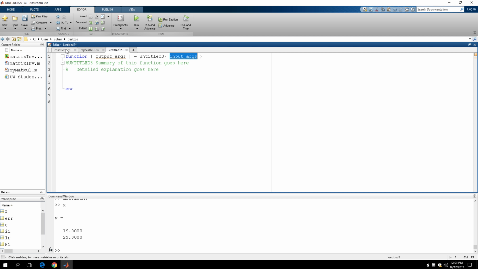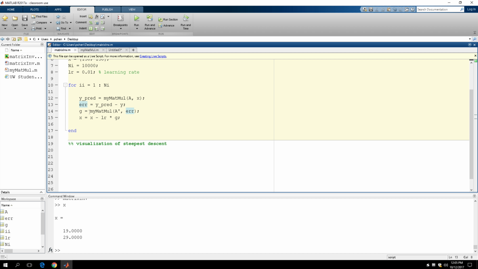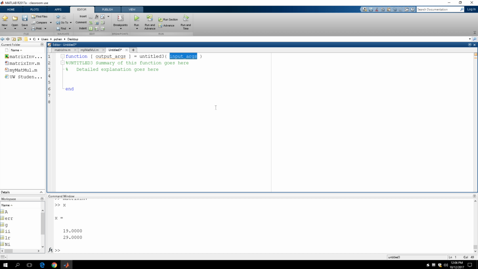We need the A matrix, we need the actual y, and the last thing we need is the assumed x values, that's basically the points on the two-dimensional plane. So we're going to need A, that's the matrix, the y, that's the actual y vector, and then an x. Let's call this function my ER-L2.